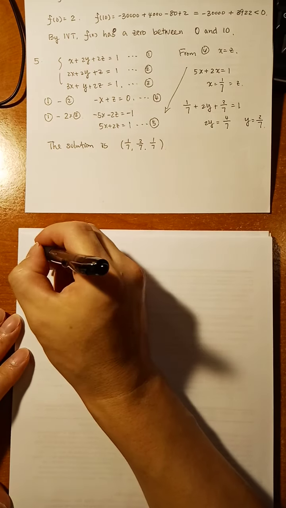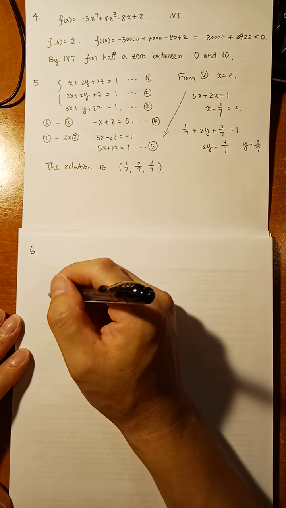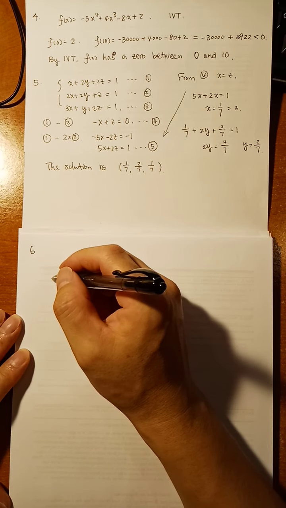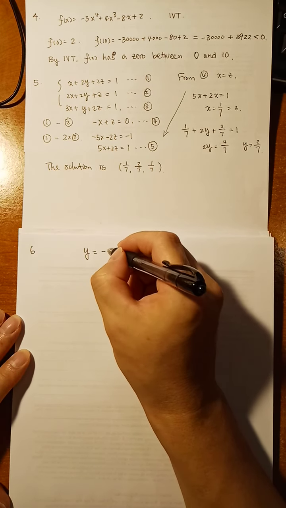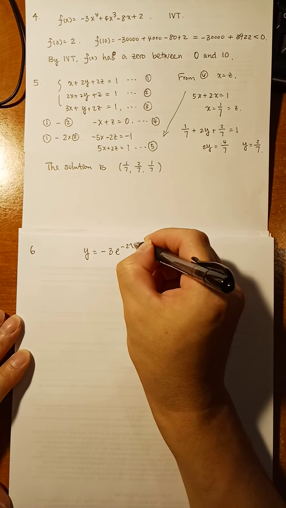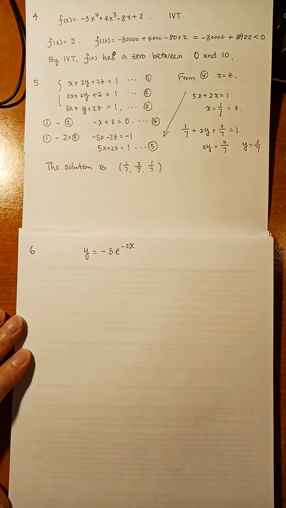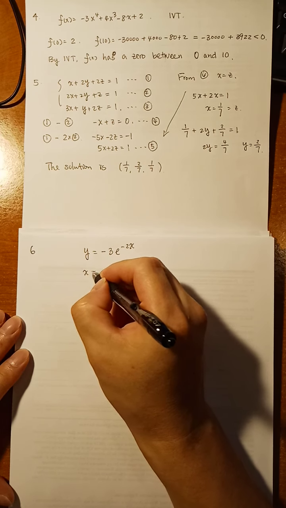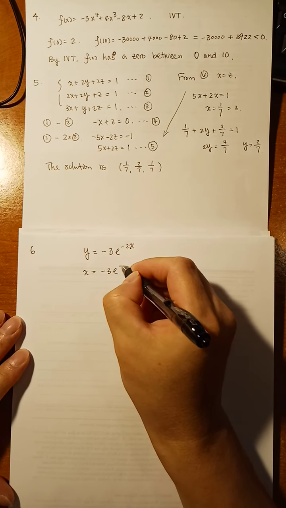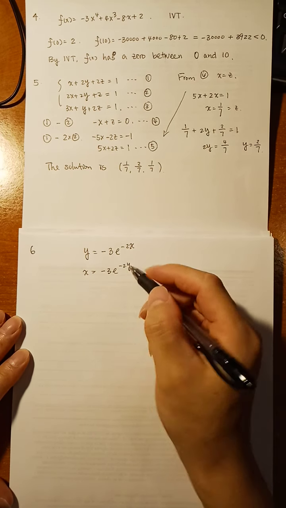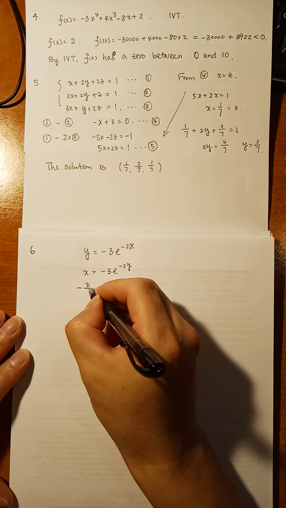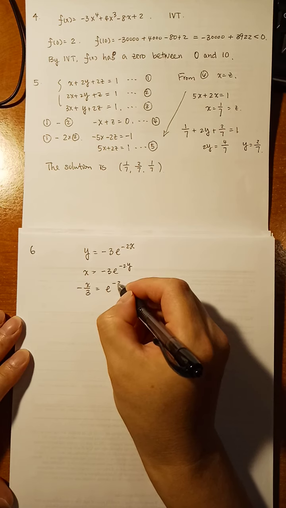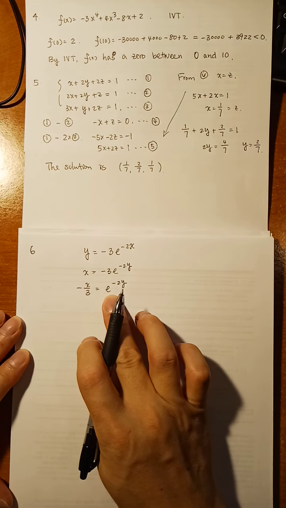Problem 6. We find the inverse function of y equal to negative 3e to the negative 2x. All right, so first interchange x and y. Solve for y in terms of x, divide by negative 3. We apply the natural log.